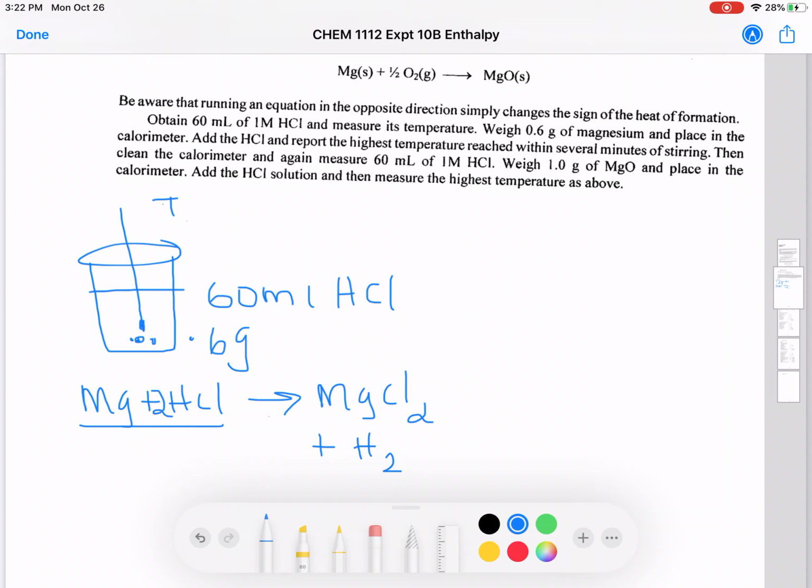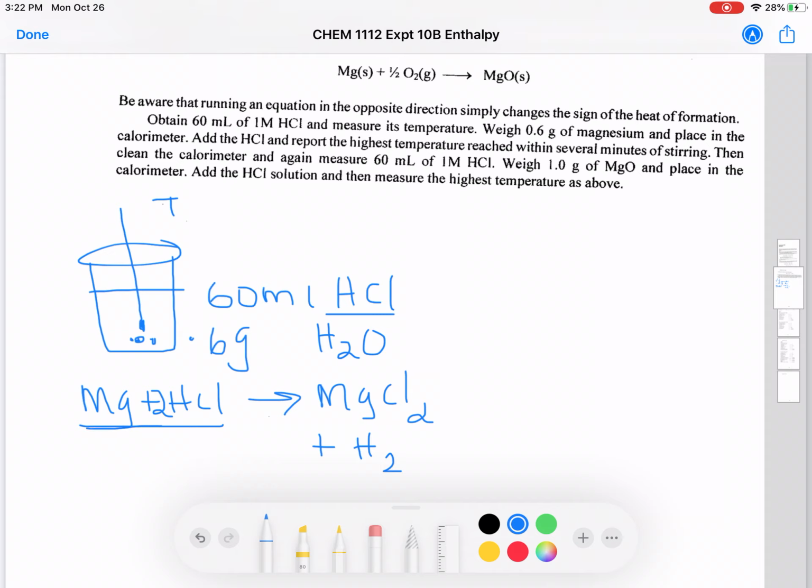Now when this reaction is taking place, it releases heat to the surroundings. Your surroundings are mainly water, since the hydrochloric acid, the 60 milliliters that you put in, is not solely hydrochloric acid. It has a lot of water in it, a very small amount of hydrochloric acid but more water.